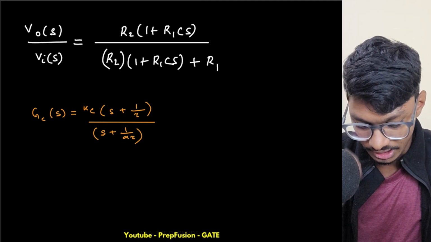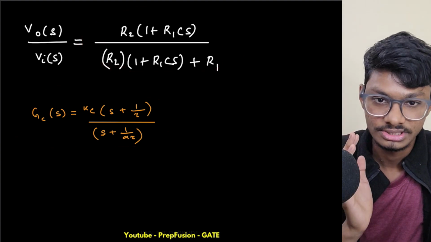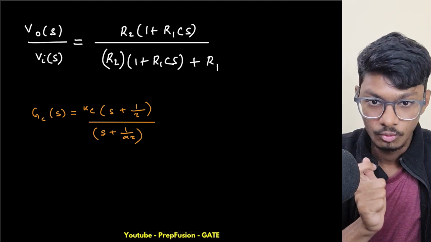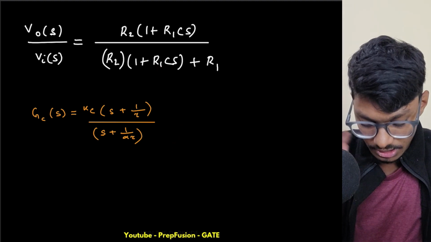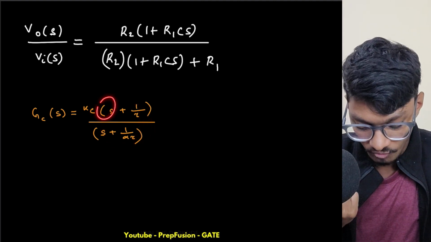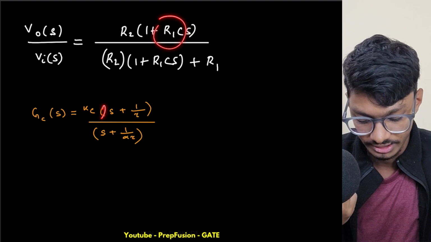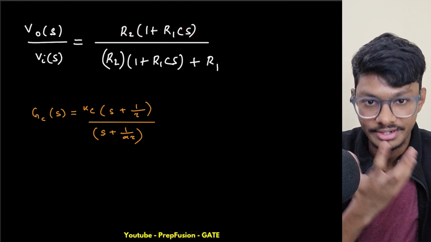So let's restart. I was at this stage that we have to compare these two equations, and I have to convert into this format. The coefficient of s here is 1, but here the coefficient of s is R1C, so I have to take R1C common, and from here also I have to take something common.